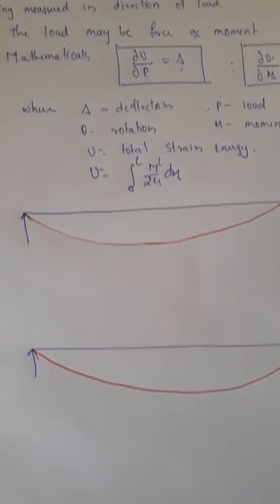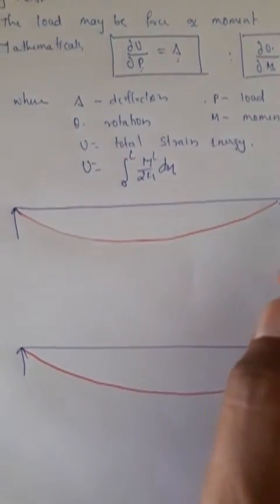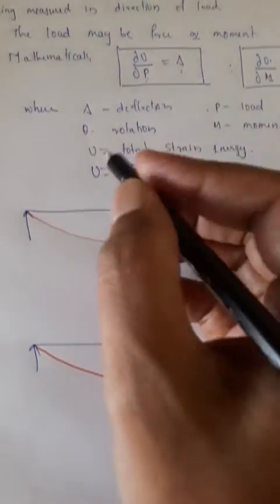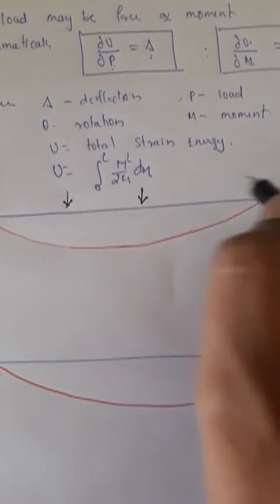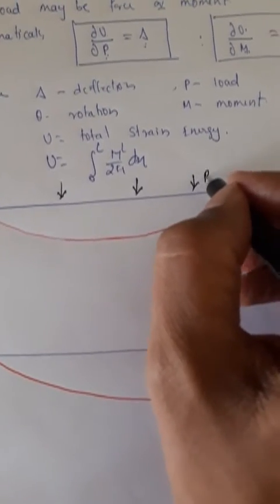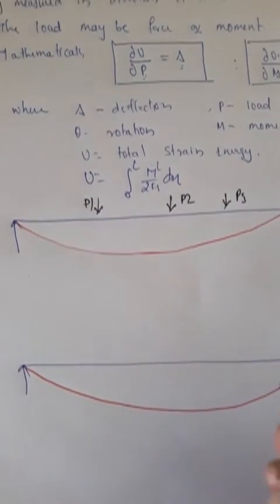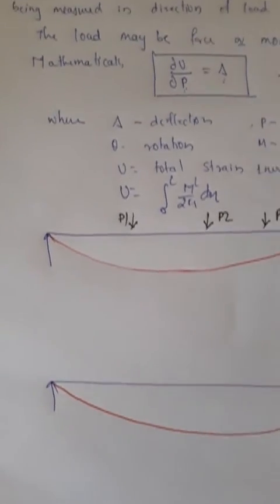To derive the theorem, let us consider a beam. This beam is acted upon by a system of forces, say loads P1, P2 and P3. Let these produce some deflections.